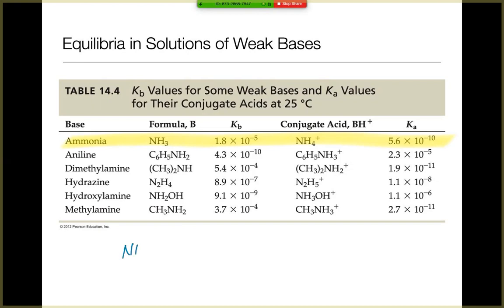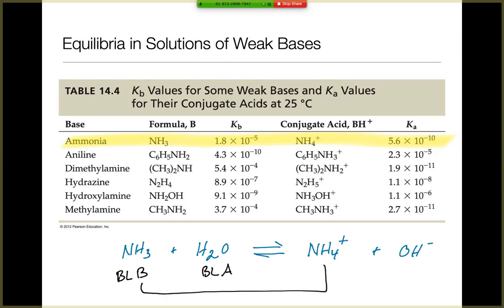Well, if I took my ammonia and it reacts with water, because ammonia is the base, it's going to take a proton from the water, leaving behind ammonium and hydroxide. If this is the Bronsted-Lowry base and this is my Bronsted-Lowry acid, then ammonium is the conjugate acid, and that's exactly what we see up here. There's my base, there's my conjugate acid.